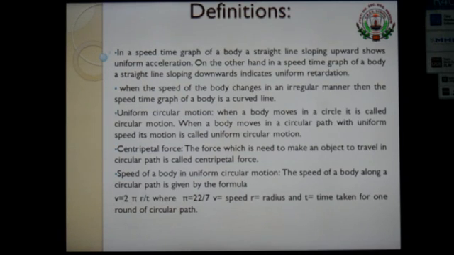So, we can calculate the speed of the body in a uniform circular motion by using the formula v = 2πr/t, where π is equal to 22/7, v is equal to speed, r is equal to radius of the circle, and t is the time taken for one round of circular path.